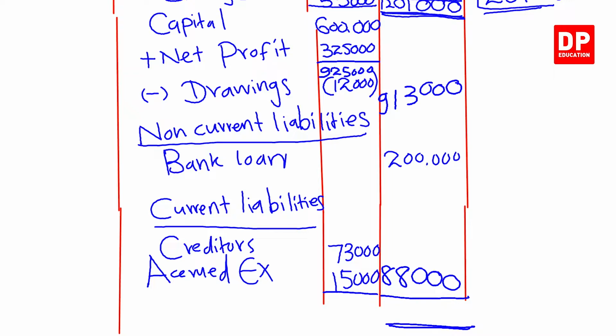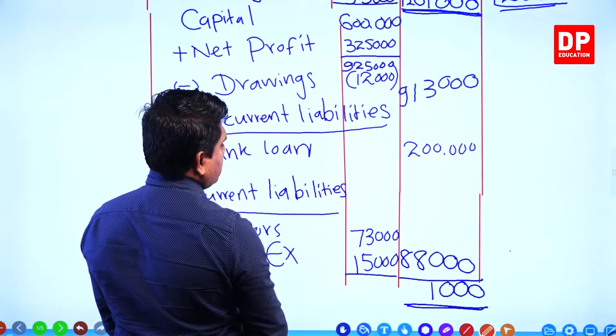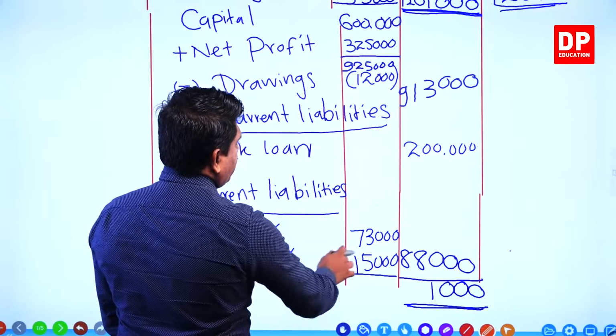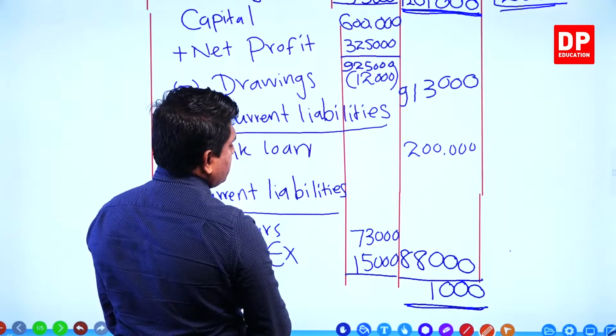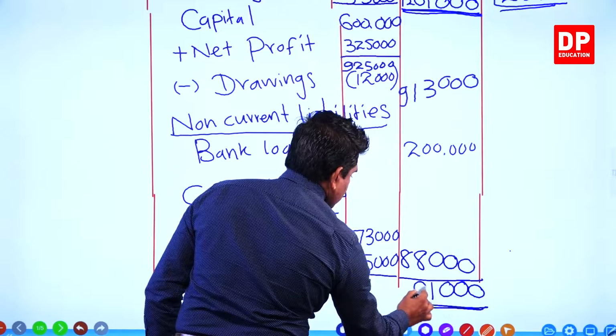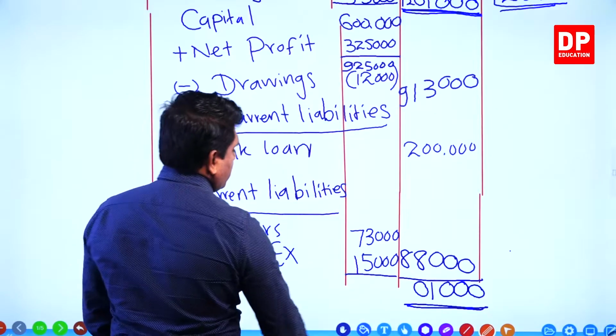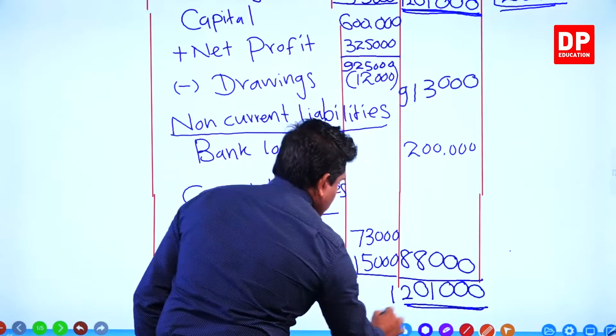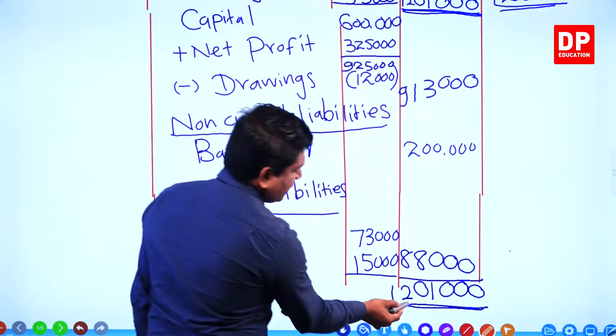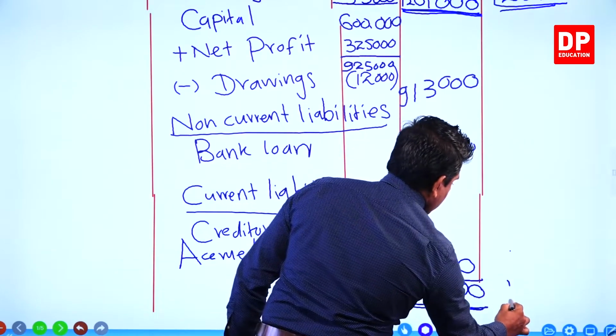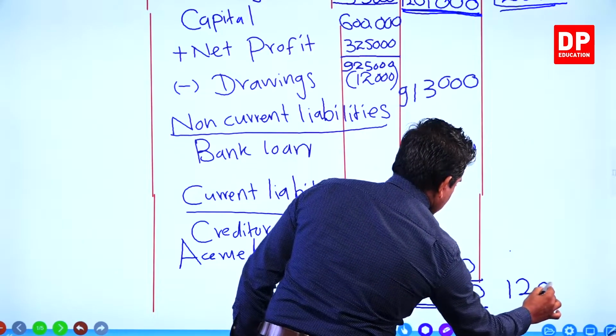Now you get the total. How do you get it? 0, 0 and 0. 8 plus 3, 11. Right? Save 1. 9. Yeah. 0. Here 12. Same answer. If you can't see this clearly, I can put it here, 120,000.